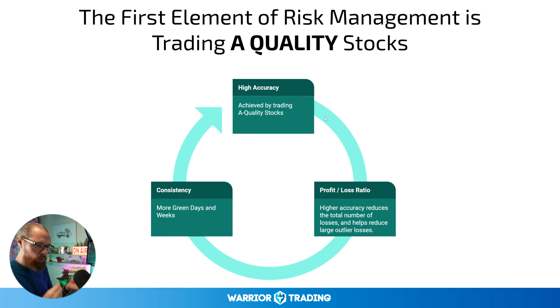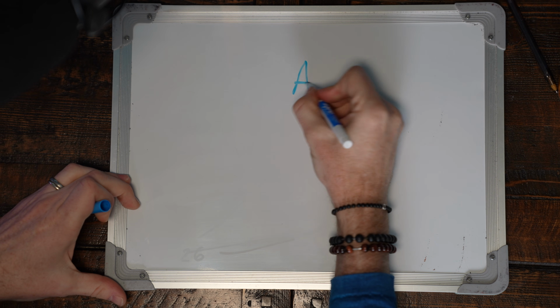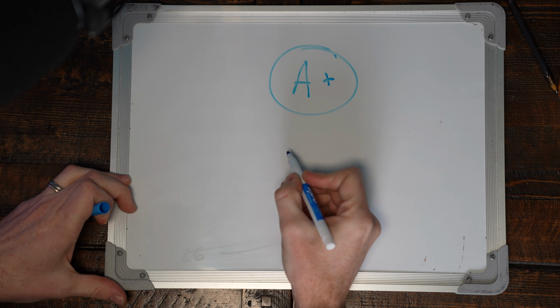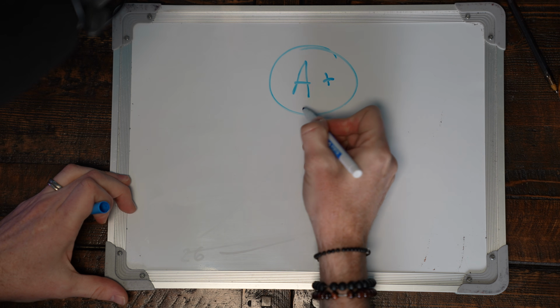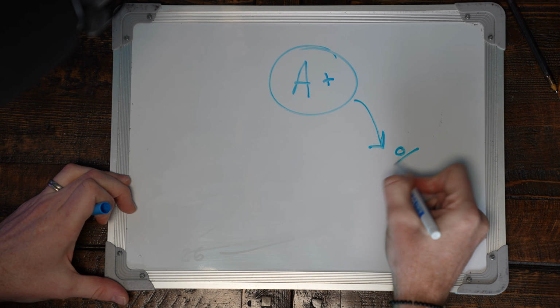Success in trading requires creating a positive feedback loop. This is about creating the mindset for success. And you know what it starts with? It starts by focusing on A+ quality stocks. When you focus on trading the best quality stocks in the first place, by default, your accuracy will be higher.